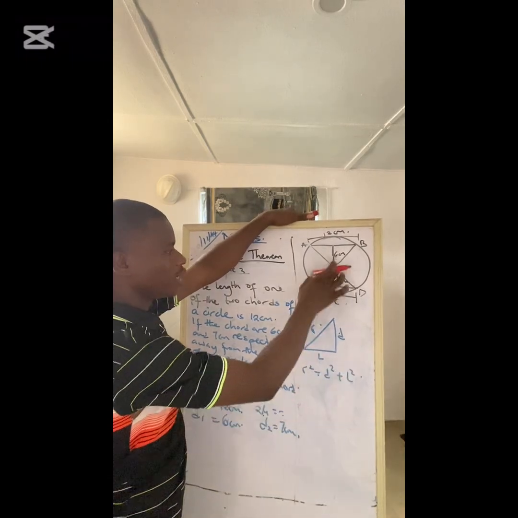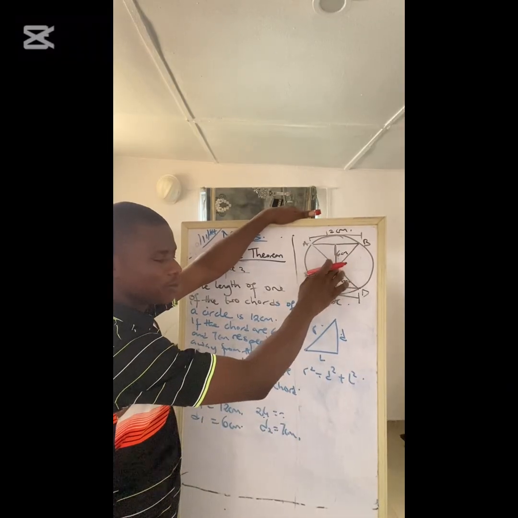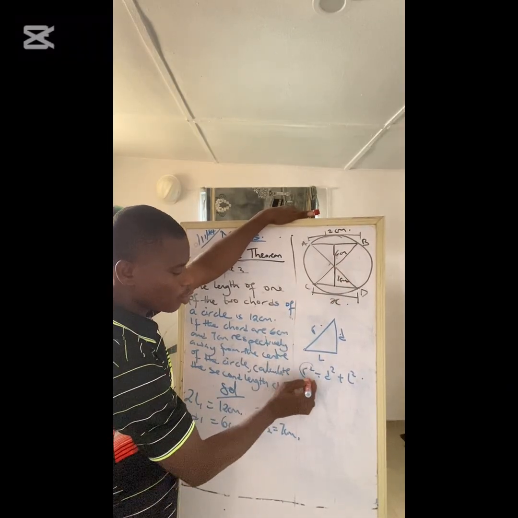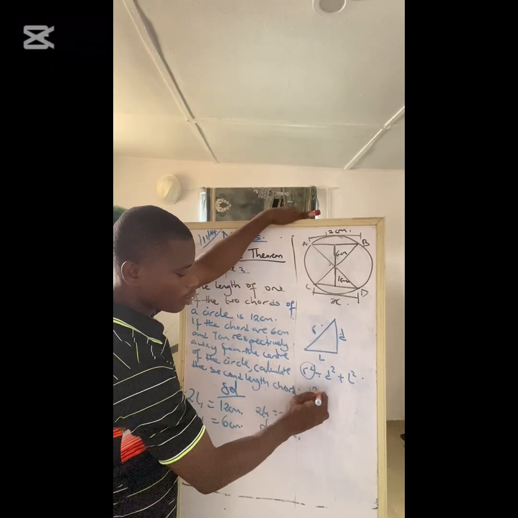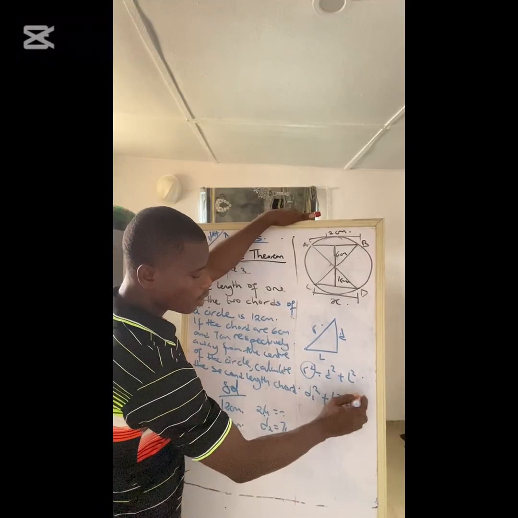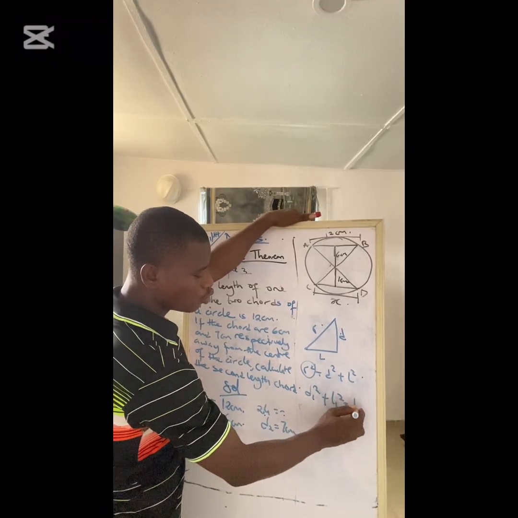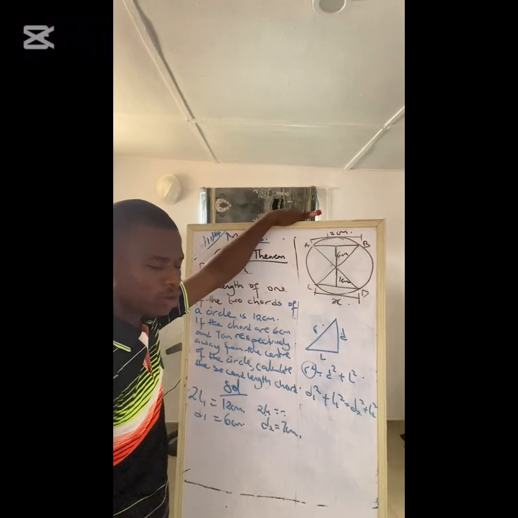In the first one and the second, you can equate the two together. Since R is constant, we are not given R, so D1 squared plus L1 squared is equal to D2 squared plus L2 squared. So this is what you are going to use.